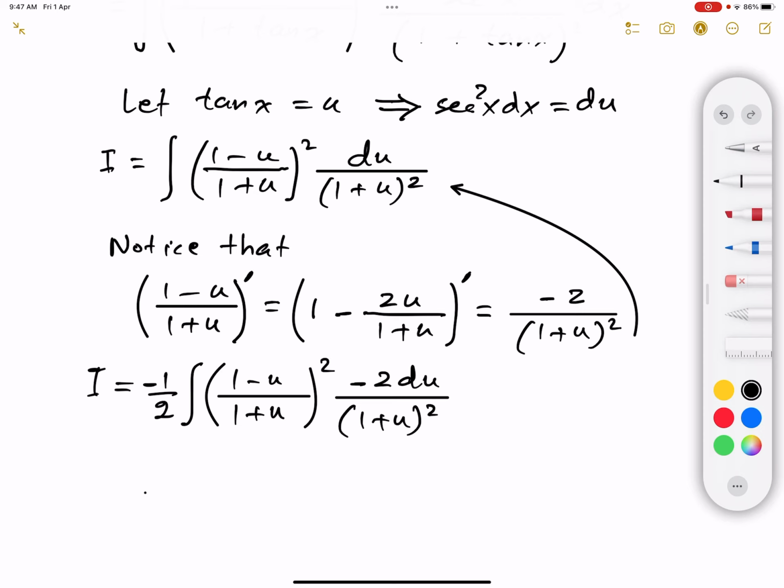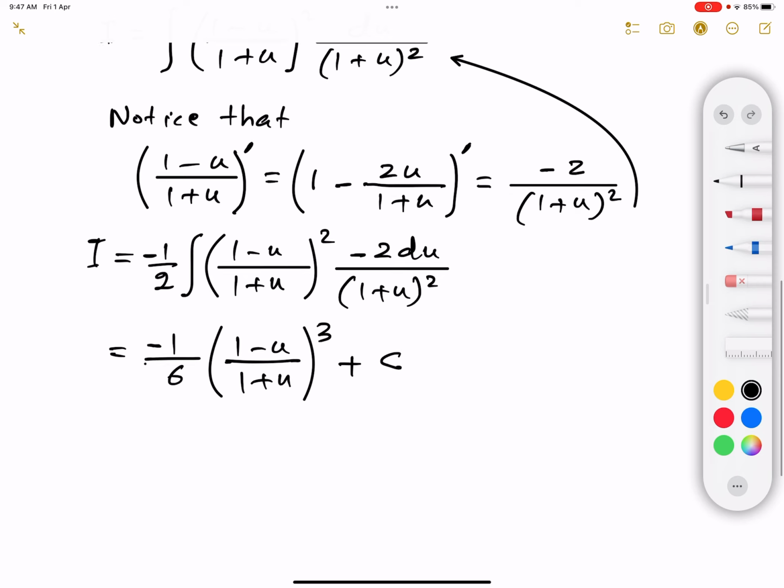So now we have a term which is raised to the power 2 and its derivative outside. So a simple u substitution here would do the job. That would give us minus 1 divided by 6 of (1 minus u) over (1 plus u) raised to the power 3, plus C. Then we can replace u by tangent of x.